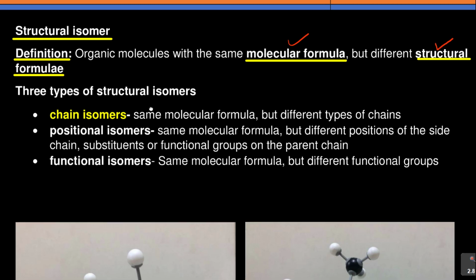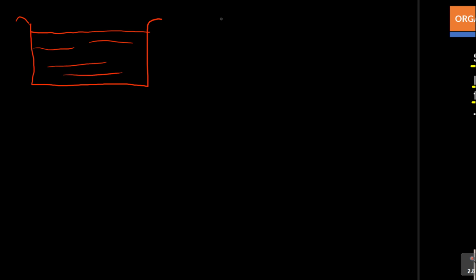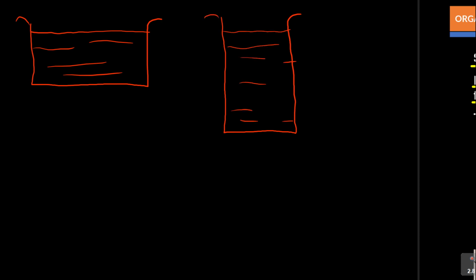So let me make a quick example to show how you will understand an isomer. I can have two different shapes. For example, this is a cup like this, which has water, and I can have a cup like this, which is also having water.